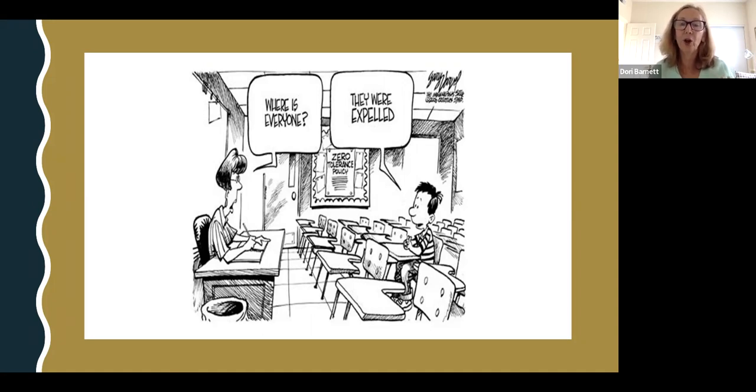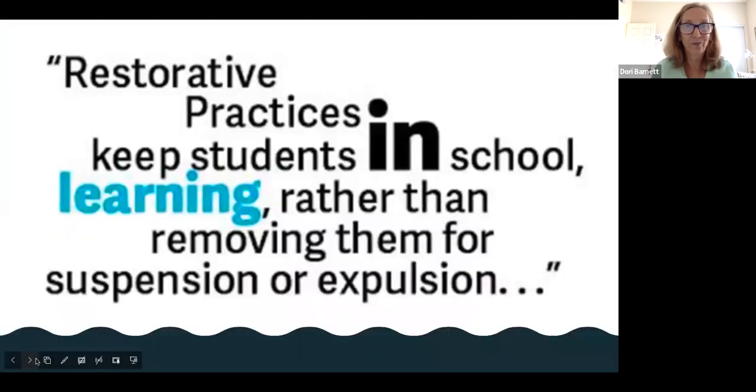They are considered one of the positive responses to deal with problem behavior in schools that the California Department of Education required as law starting about 5 to 7 years ago, because there was a need to address this growing number of students just being removed from the classroom and not really addressing their problem behavior. So restorative practices keep students in school learning rather than removing them through exclusive discipline, which means taking the student out of the classroom.